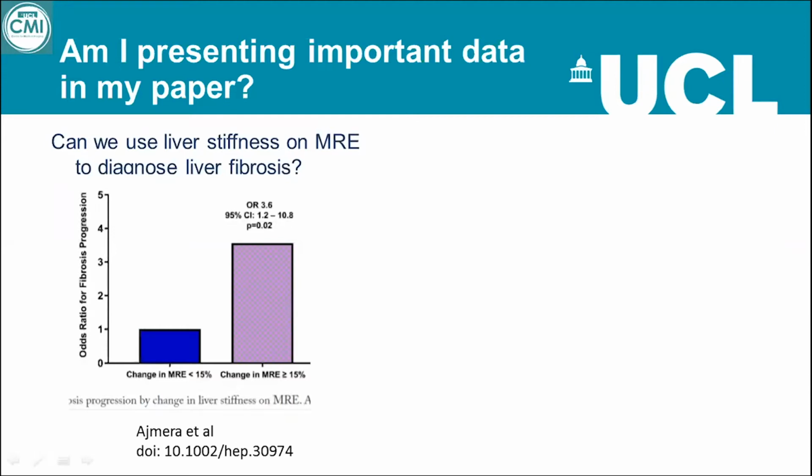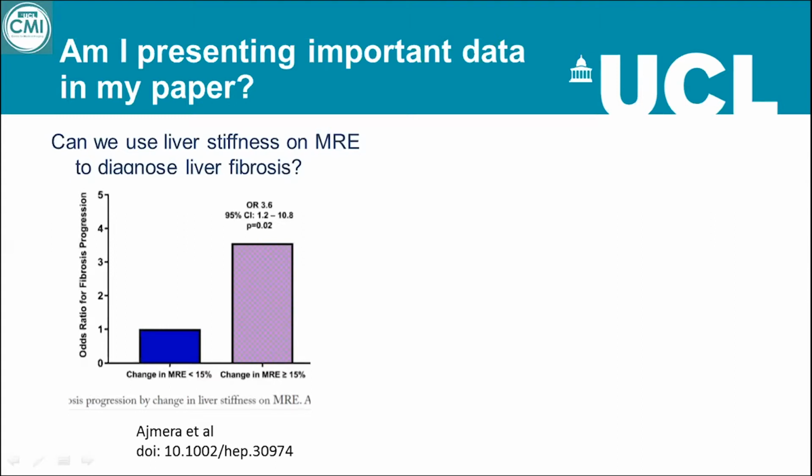Here's another example. This actually came up in a journal club at the Center for Medical Imaging. It's about whether we can use liver stiffness on MRE to diagnose liver fibrosis. On this plot we've got two different bars: the smaller bar is for a change in the MRE score of less than 15%, and the light purple, bigger bar on the right-hand side is a change in MRE of greater than 15%.